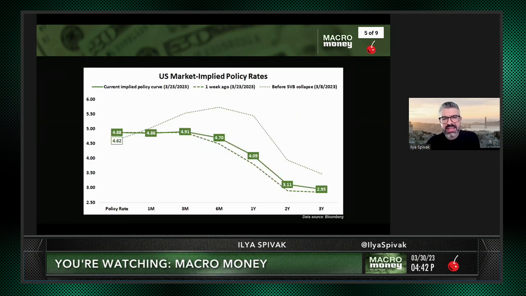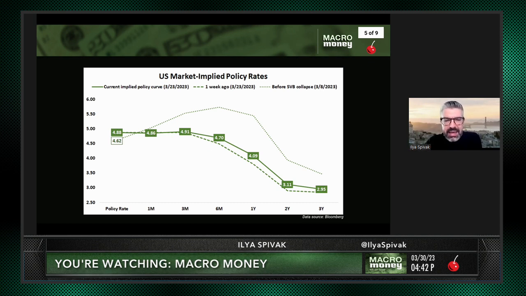In fact, you can see in the shape of the yield curve, there's been a significant flattening of the curve now versus before the SVB collapse. The curve there, you can see much more humped and much steeper, especially in the front 6 months, giving us that peak of 5.5.